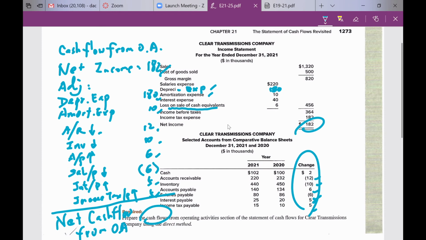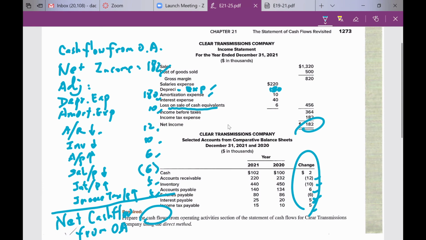This is operating. Why is it different from a loss on sale of equipment or something else? Because a loss on sales of equipment or land is a non-cash item. We didn't pay for the loss. Instead, we received a cash payment because we sold our land, for example, as we talked about at the beginning.